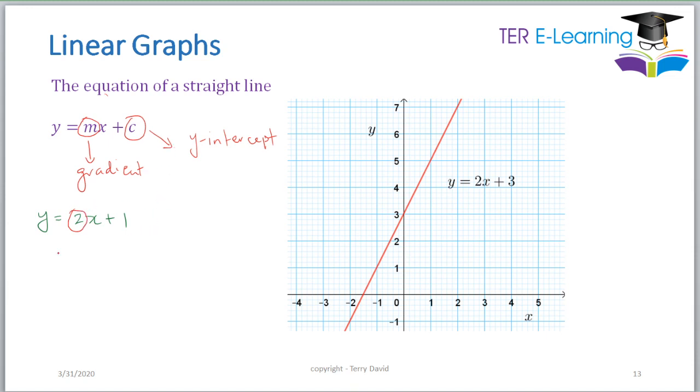So m is equal to 2, or my gradient is equal to 2. And if I were to ask you what is the y-intercept, what will you tell me? What is my y-intercept?